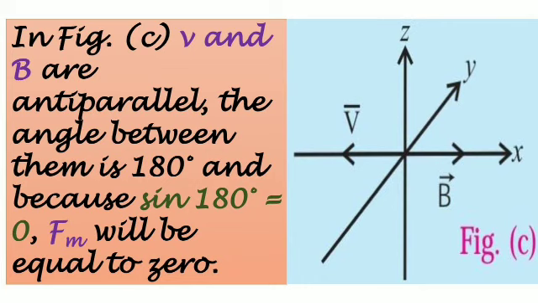So these are the examples to find the direction of the magnetic force Fm due to the magnetic field on the particles. So let's stop here. This is what we have to study today, that is all regarding the magnetic forces and magnetic fields.